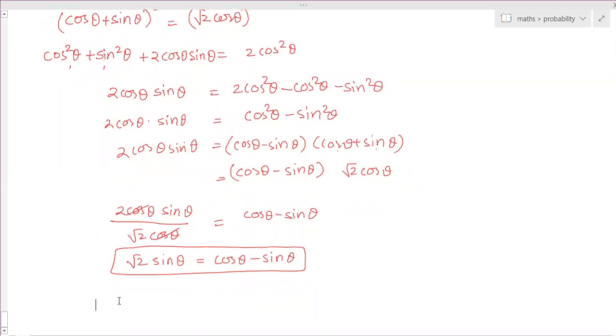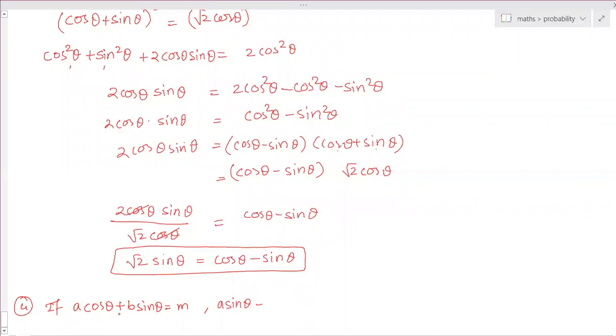Next question, similar type. If A cos theta plus B sin theta is equal to M and A sin theta minus, sorry, not this one.